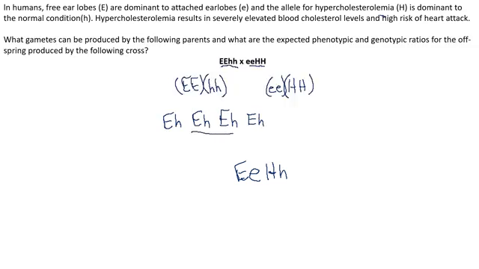Look, it's the same. Now for this individual, what are the gametes here? We have the first, then the outer, then the inner, and then the last, which is the same thing. So again, they're all the same. These are the potential gametes.